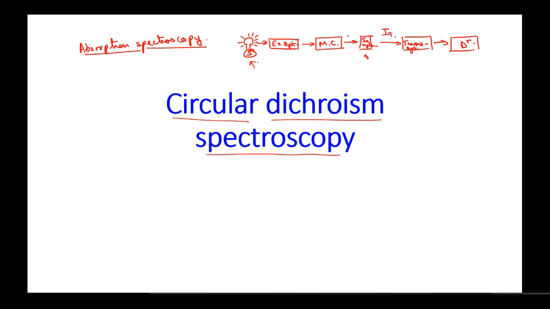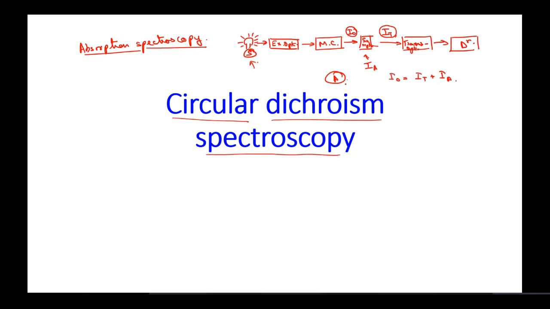So I0 was equal to I transmitted plus I absorbed. We were detecting IT, and we also had the I0 component, and by the ratio of these two values we were getting the absorption.